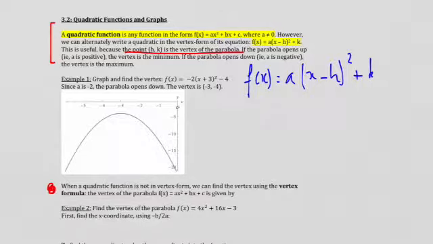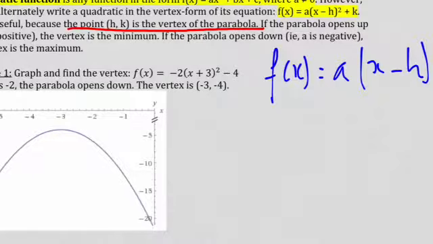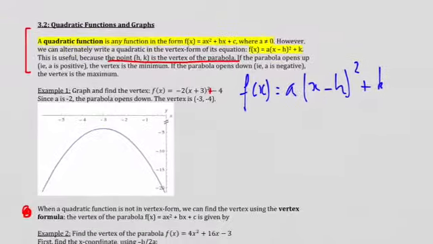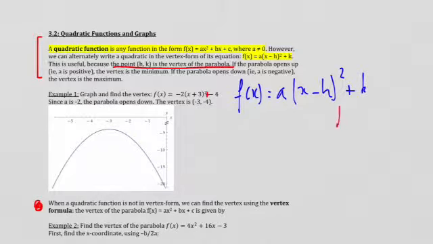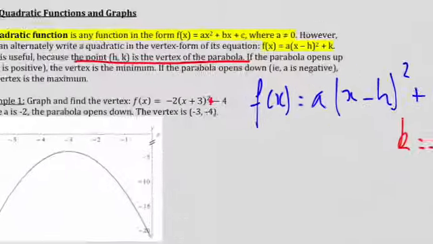And so to be able to define the value of h and k, well, first of all, you don't have a plus right here, so you can put a plus. That doesn't change anything, but at least it helps you to define that k is going to be equal to negative 4.